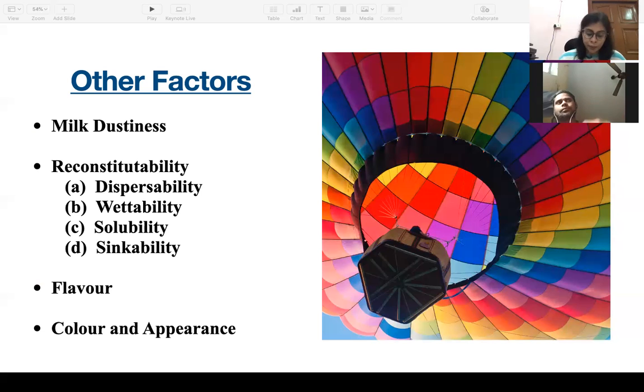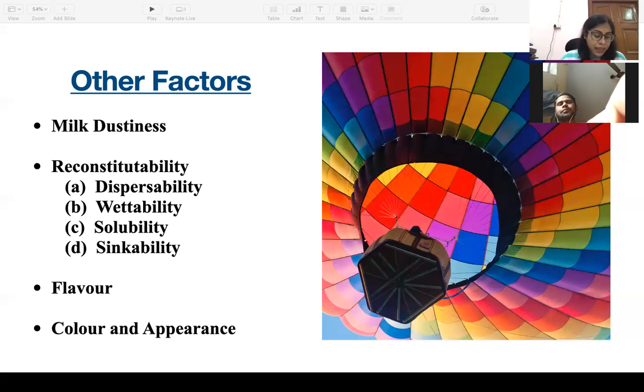So lactose plays an important role in wettability. Because of this wettability, you must have noticed that when we put milk powder in water, lumps are produced. So we have to stir it immediately. This lump formation is due to this wettability tendency. Clear? Can you hear me? Yes, sir.